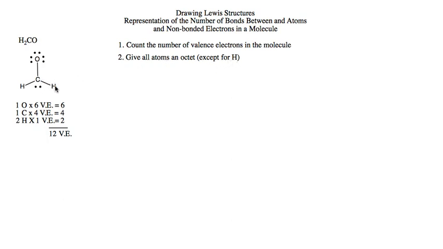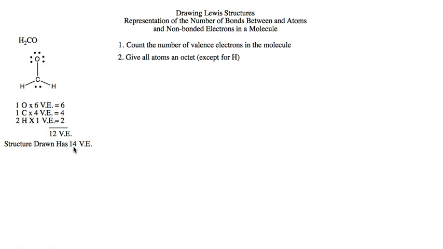This line represents 2, so each hydrogen has a shared pair. Now we've drawn everything having an octet. Let's count how many electrons we've actually shown. If I count them, I've got 2, 4, 6, 8, 10, 12, 14 electrons.